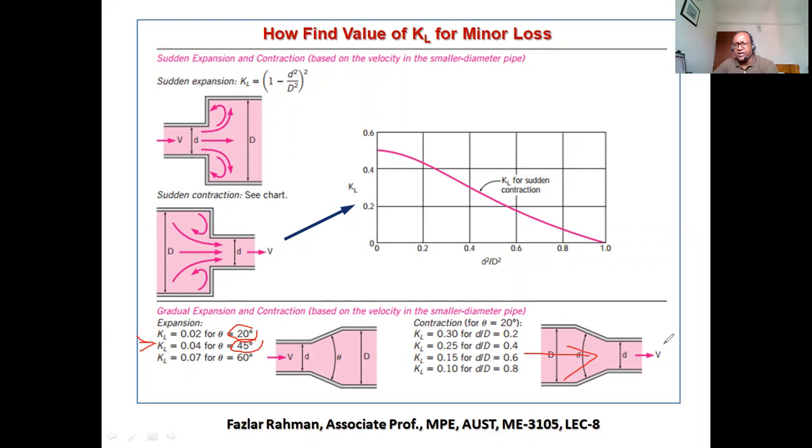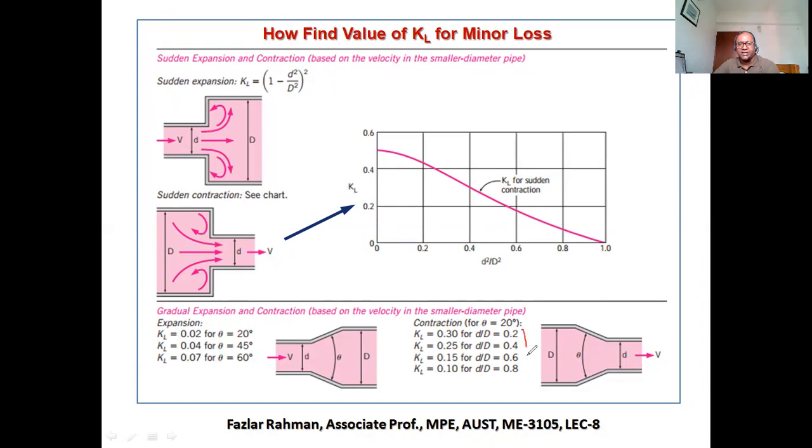Okay. And this one is the same, this one is gradual expansion, but in that case gradual contraction. That means the diameter of the pipe is gradually decreasing. In that case, this will be your loss coefficient for different angles. Okay. But this one is given with this angle equal to theta, and for this one, instead of the angle, they are giving the value by the ratio of small d by bigger D. So you need to be a little bit careful.